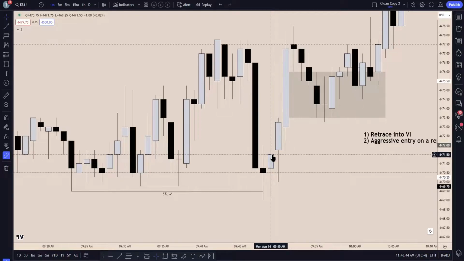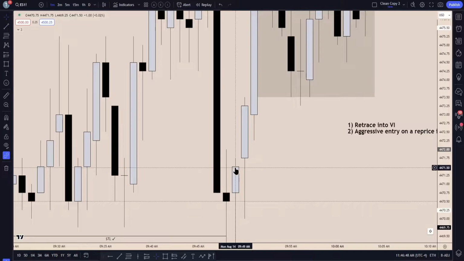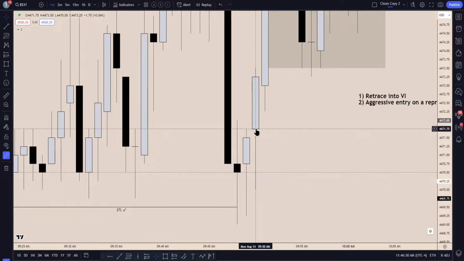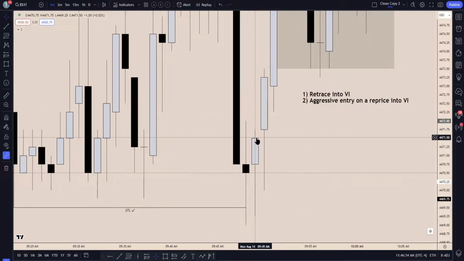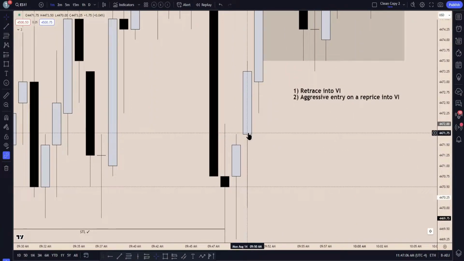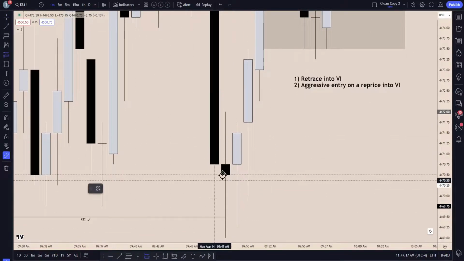And now, when we create this volume imbalance, as soon as this candle closes and this candle opens here, this second aggressive entry on a reprice occurs as soon as this candle taps this candle's close. So as soon as this candle closes and this candle opens higher than this candle's close, and there's no wick here, there's a wick now, but if we're following live, there's not going to be a wick. As soon as price taps that, that's a potential long entry.